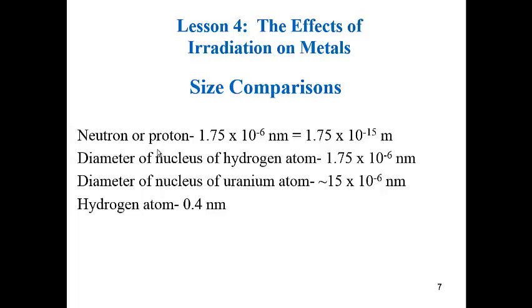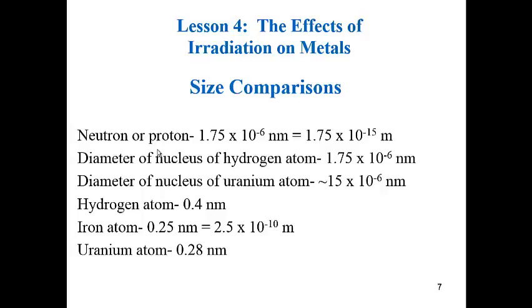So there's a huge difference between the size of the nucleus and the size of the atom itself. Just an enormous difference. We're talking 6 orders of magnitude or more. The iron atom is 0.25 nanometers in diameter. The uranium atom is 0.28 nanometers in diameter. So basically, the hydrogen atom itself is actually larger than an iron atom or uranium atom.